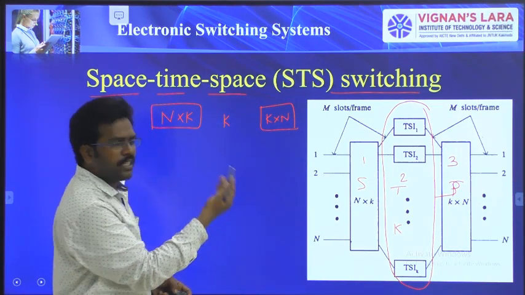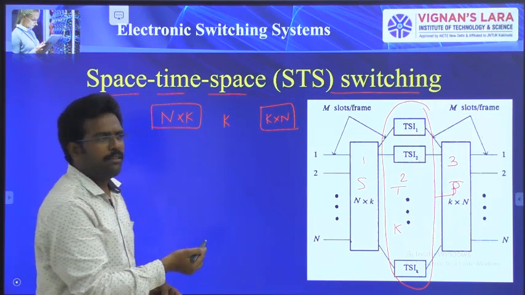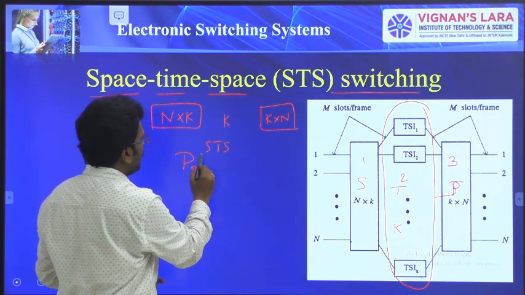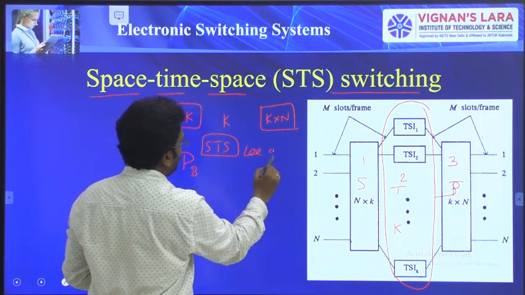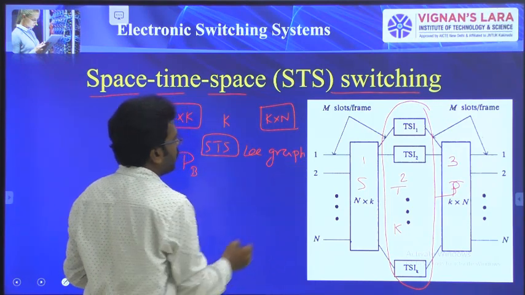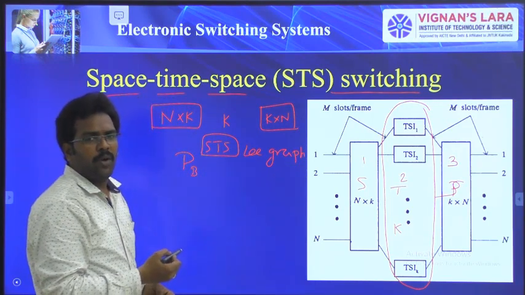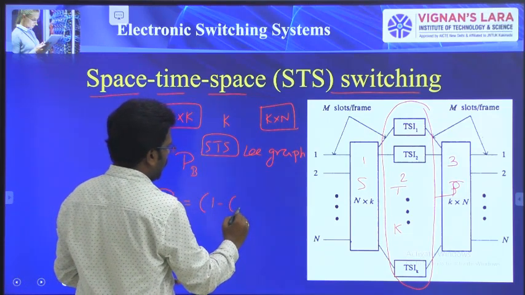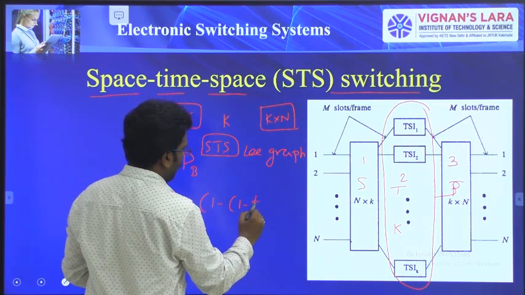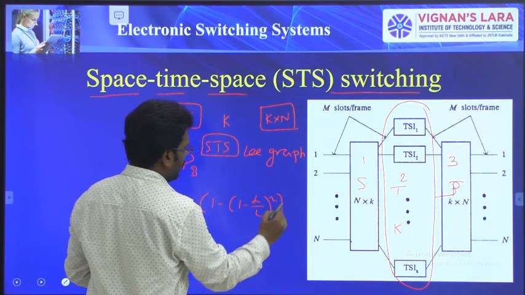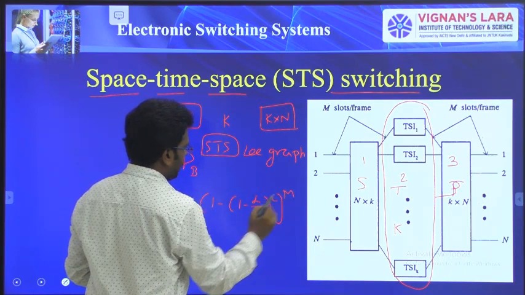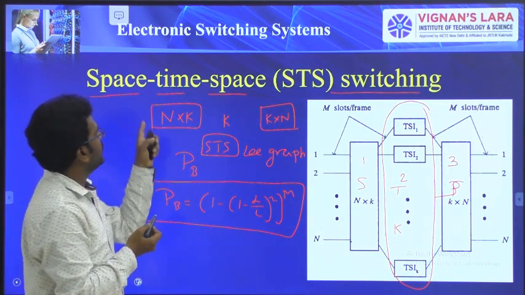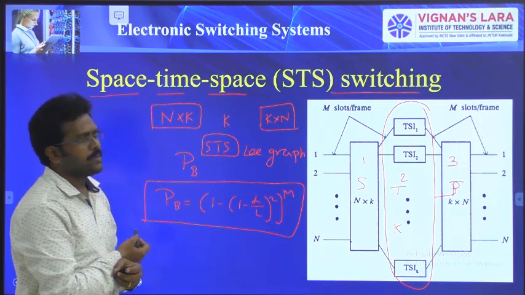Since it again contains 3 stages, you can again find the blocking probability of this STS structure with the help of the Lee graph itself. Generally the formula for both the STS and the TST is one and the same: P_B = 1 - (1 - α/L squared) to the power M. This is the blocking probability of this type of space-time-space switch.